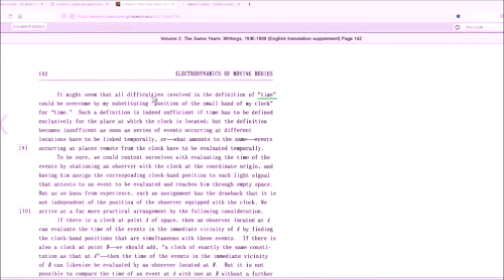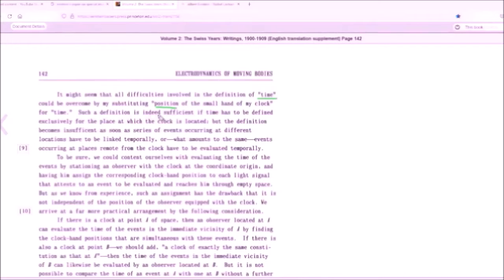It might seem that all difficulties involved in the definition of time could be overcome by my substituting the position of the small handle of my clock for time. In other words, he wants us to say that time can be determined by the position in the coordinate system, the position of the handle or the hand of the clock.